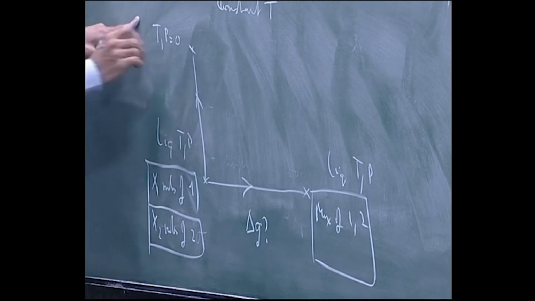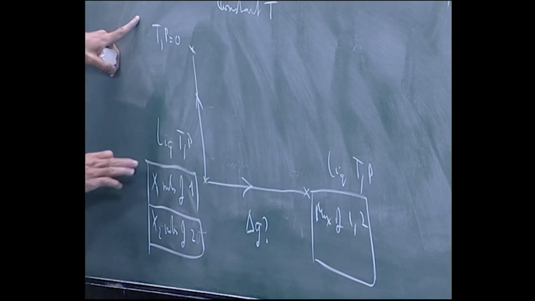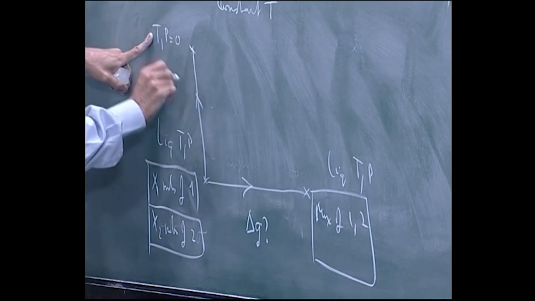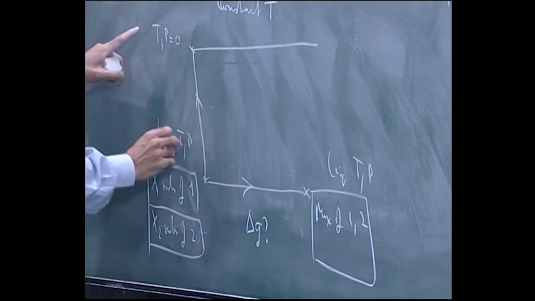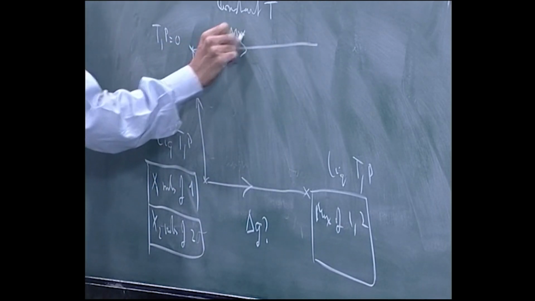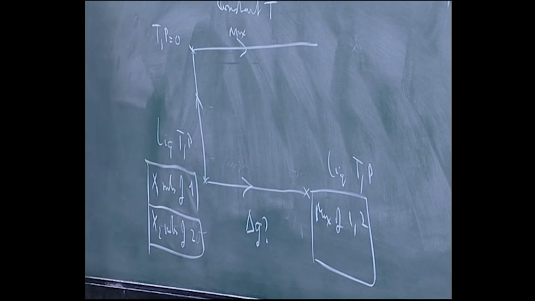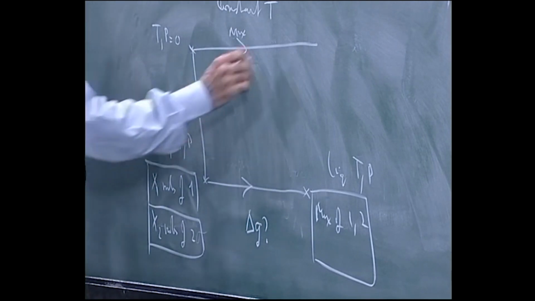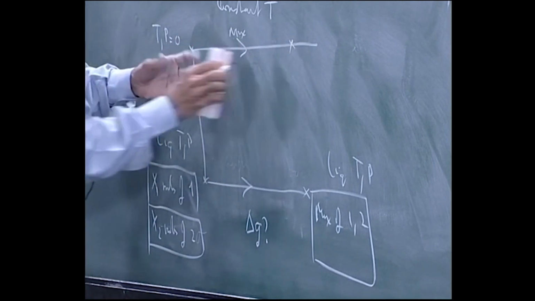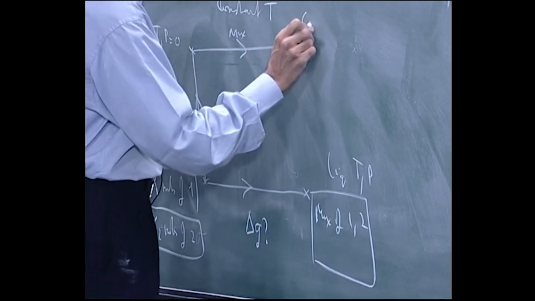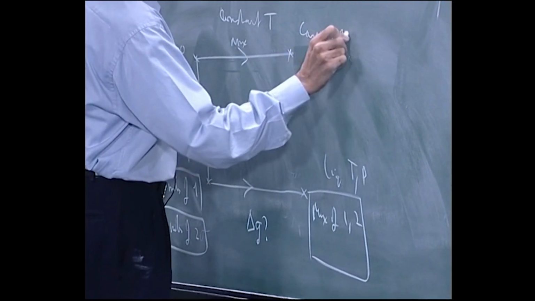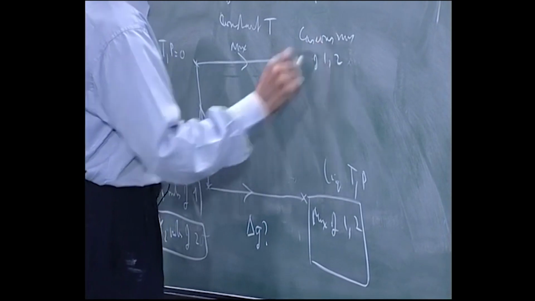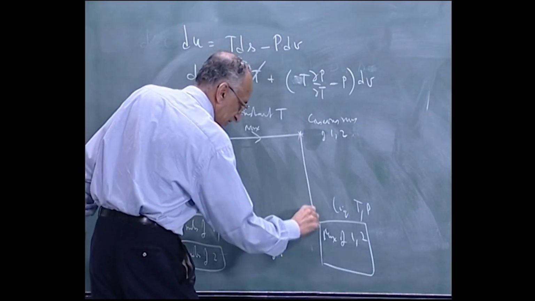So you just go to P is equal to 0, then you mix the two, this is ideal mixing. So you produce a gaseous mixture of 1 and 2 and then you condense it.